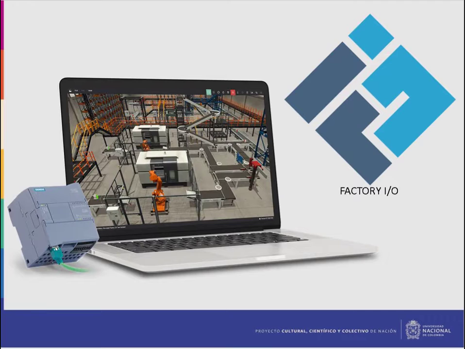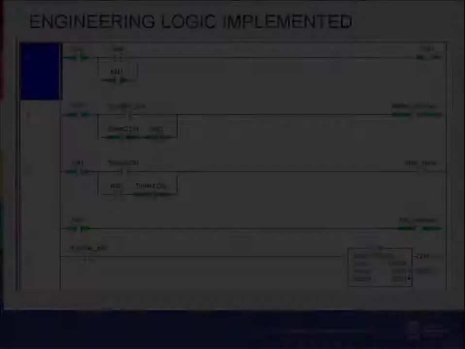Finally, for our digital twin, we use the Factory IO software, which allows us to virtualize the conveyor boxes, actuators, and sensors, which are managed by the PLC through OPC communication.